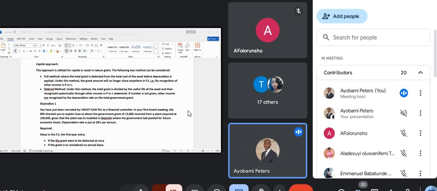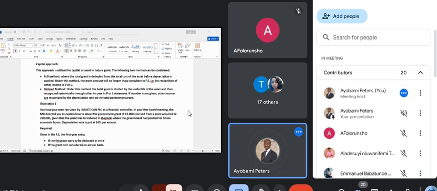You have just been recruited by I Must Pass ICANN PSC as a financial controller. In your first board meeting, the MD directed you to explain how to go about the government grant of 15,000 received from a plant acquired at 100,000 naira, given that the plant was to be installed in Mbejuleki, where the government are positioned for future economic boom.